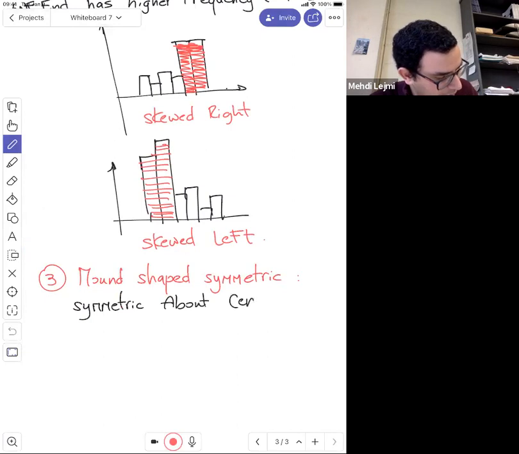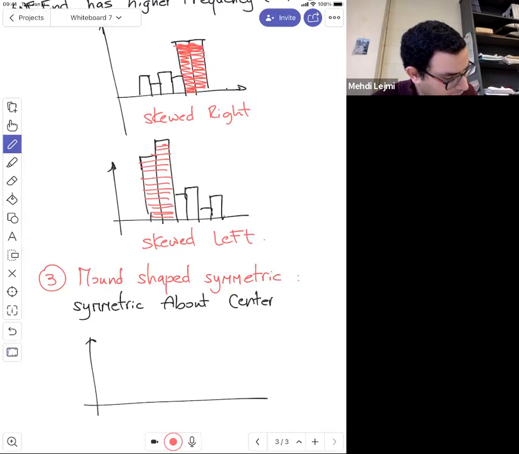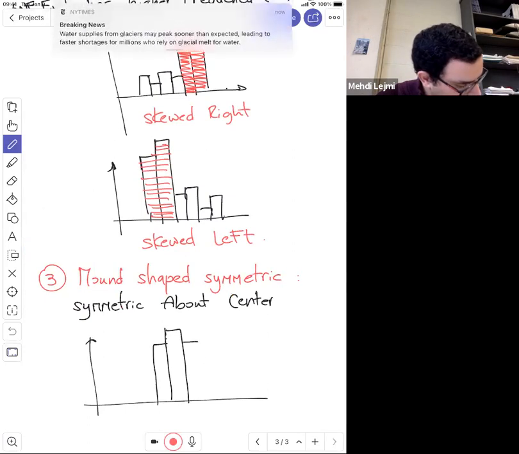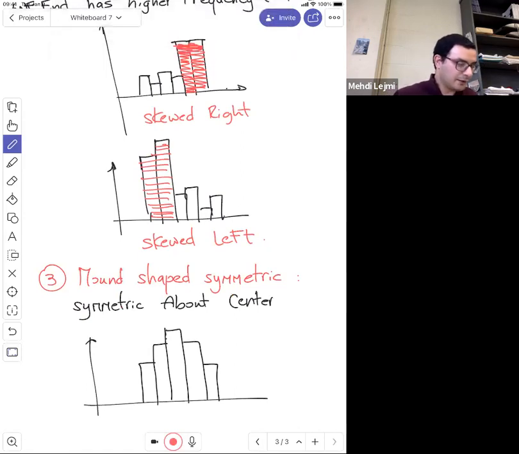In the middle you're going to have a class, and then the classes on the right side are going to look exactly the same as the classes on the left side. So it's something like this here.